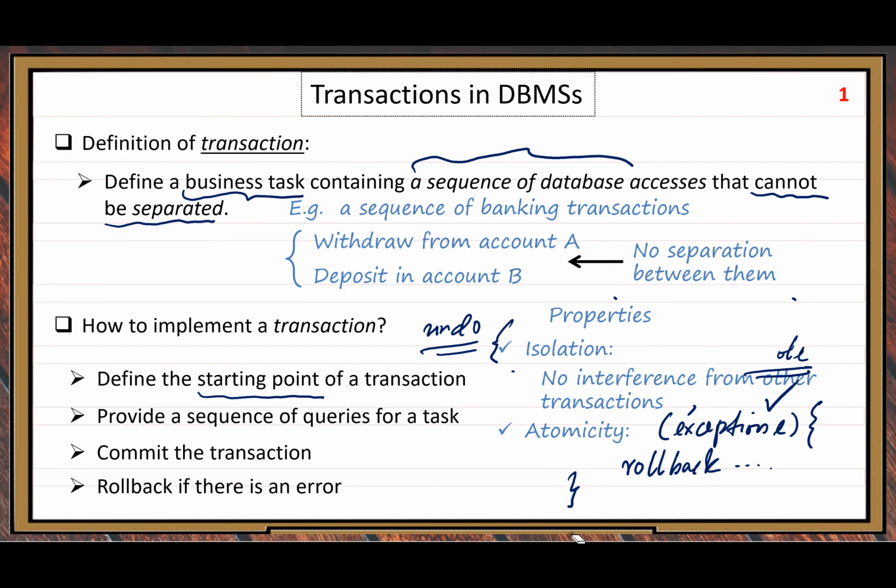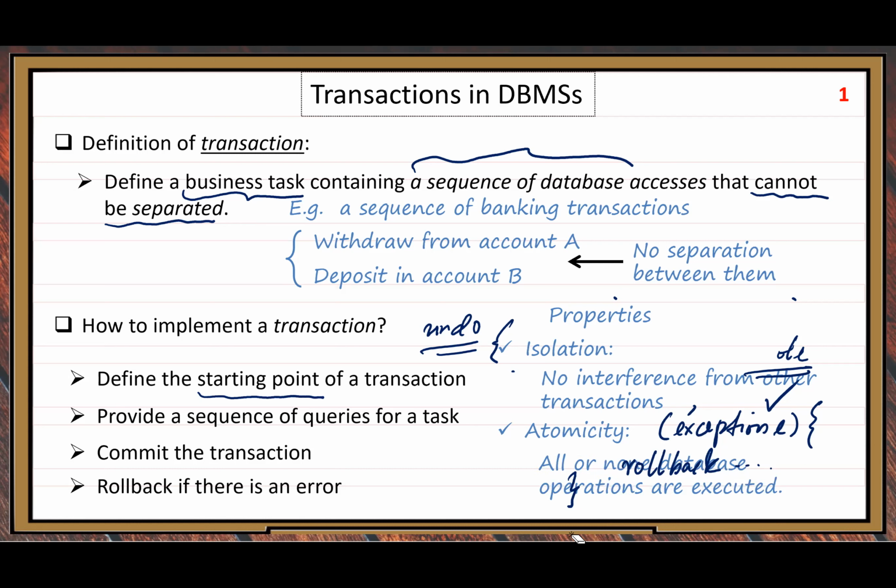So here, we borrow that old meaning of atom, not modern science, where an atom can be separated. So atomicity means your transaction must be treated as an atom that cannot be separated. So these are two main properties for a transaction.